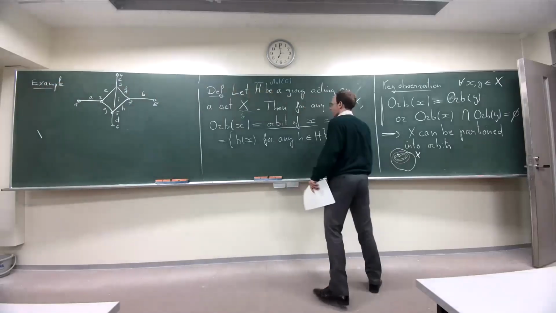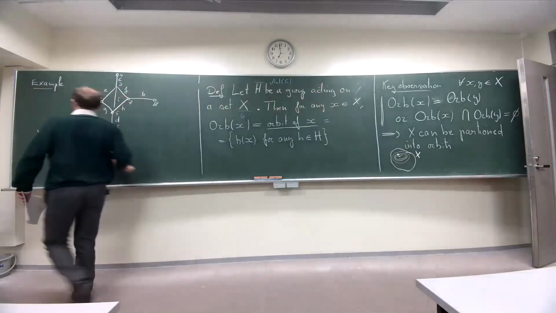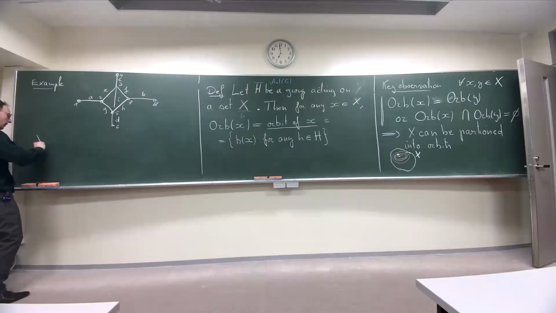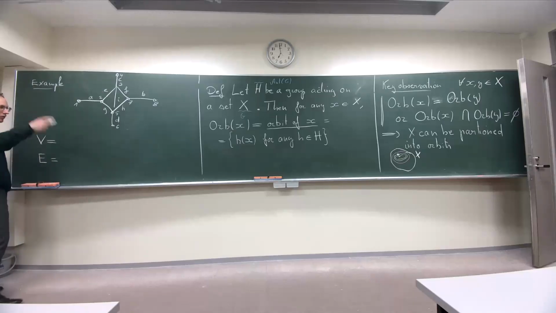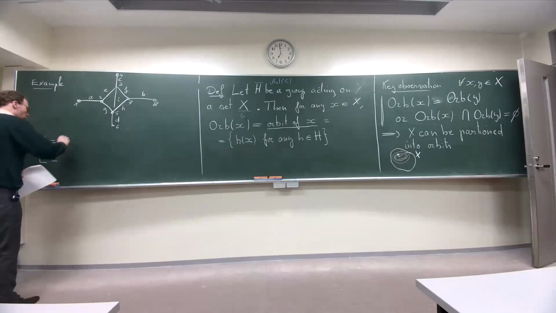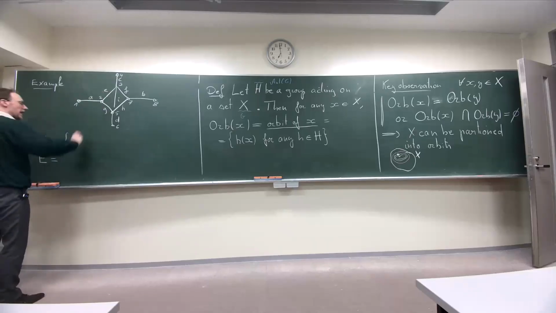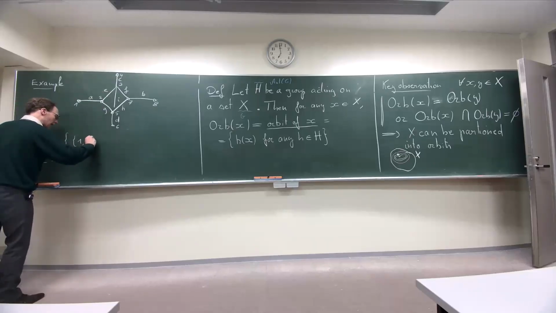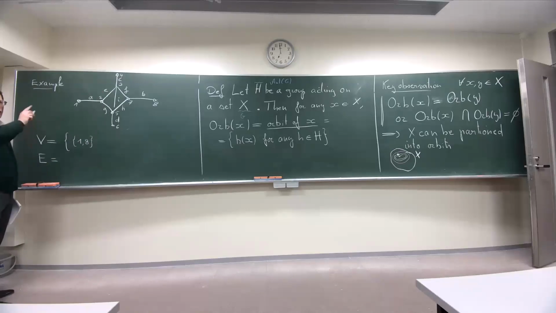I can partition this set of vertices, and I'm going to do the same with the set of edges. Through this automorphism, for the set of all vertices, 1 can be exchanged with 8. And this is an orbit. No matter which automorphism you use, which symmetry, 1 is going to be either 1 or 8.